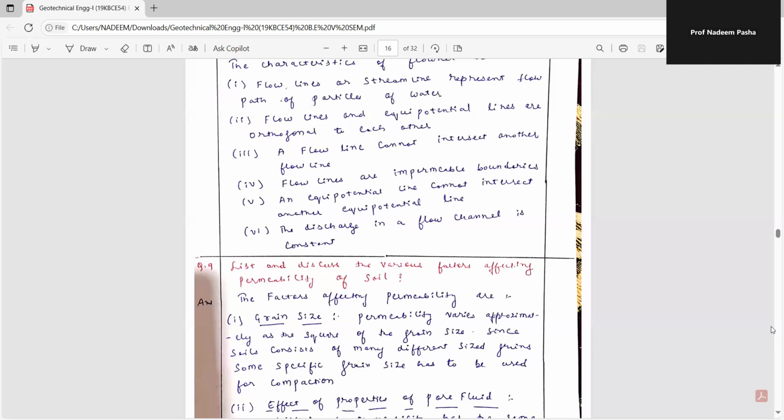Permeability varies approximately as the square of the grain size. Since soil consists of many different size grains, some specific grain size has to be used for compaction. So what we are trying to understand is the effect on permeability.